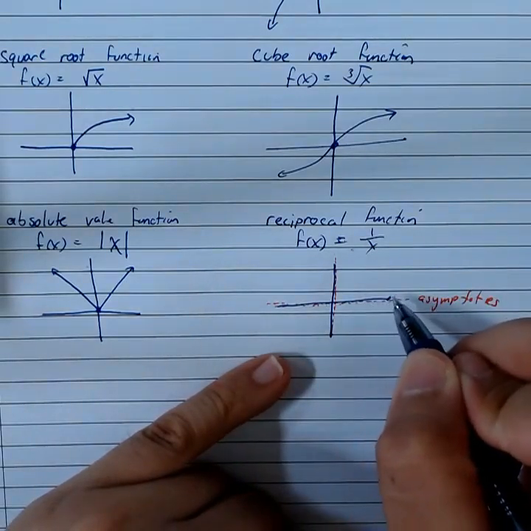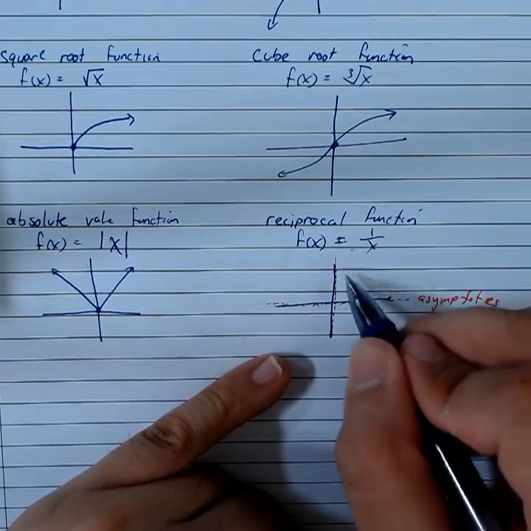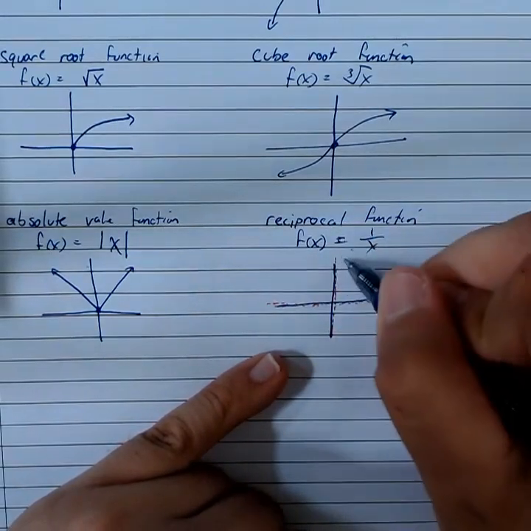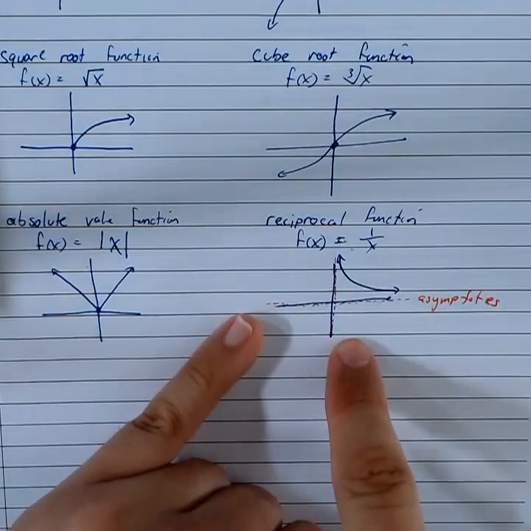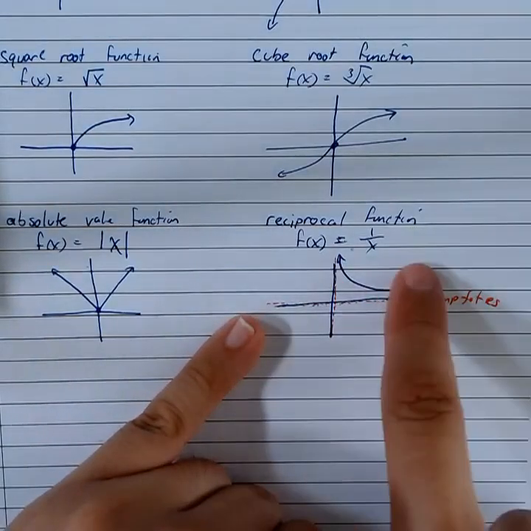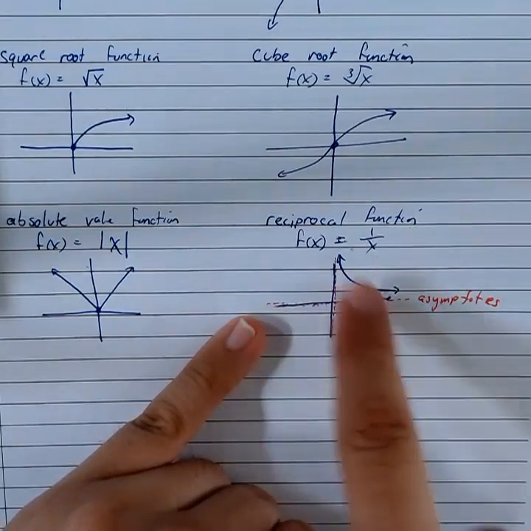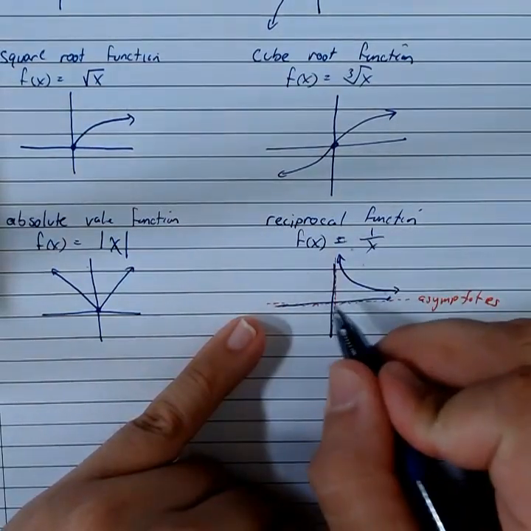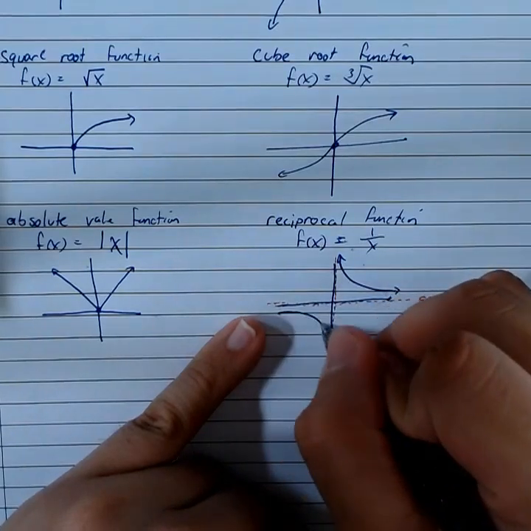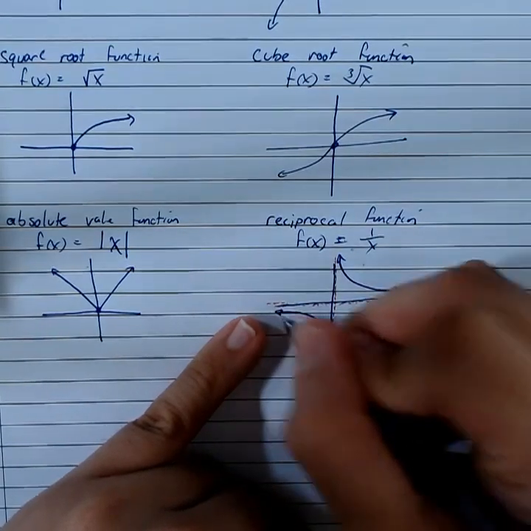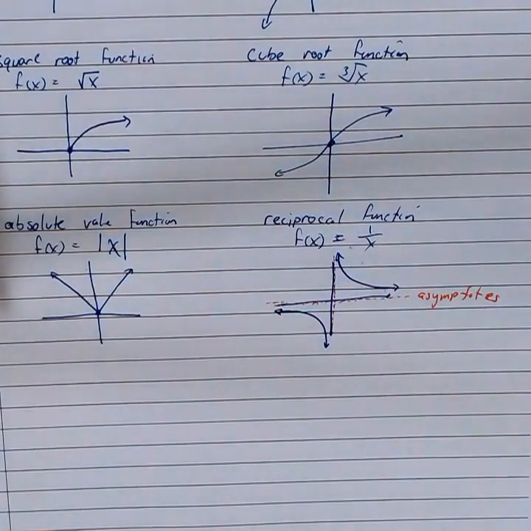Essentially, they tell you your graph is going to follow along these rigid lines. So here, your graph is going to follow those dotted lines, and depending on what graph we have, the asymptotes will be different. But for the most basic one, for the parent function, the two asymptotes cross at the origin. So again, these red lines are not part of the graph, but they do help guide where the graph goes. So here's the reciprocal function.